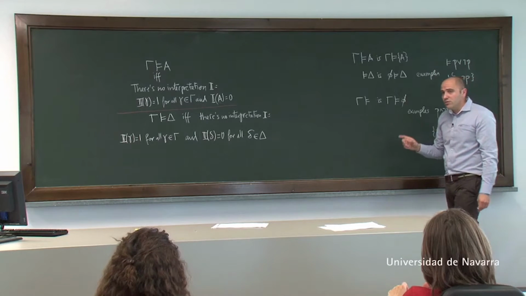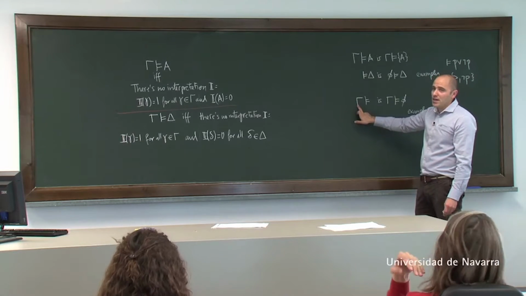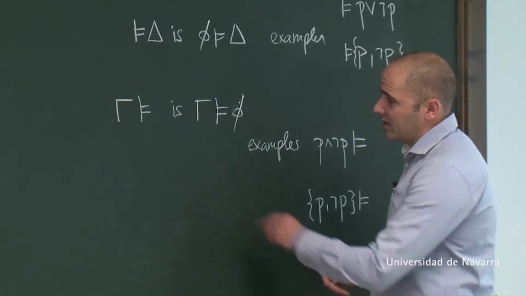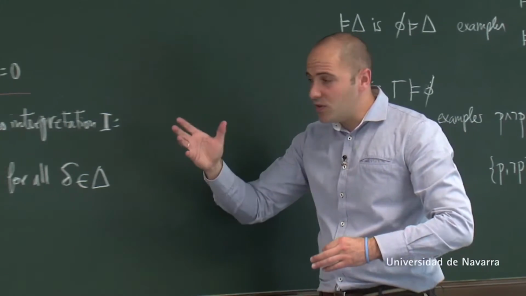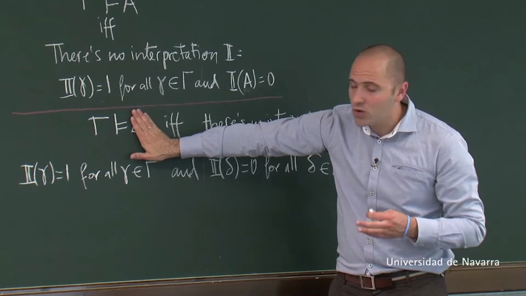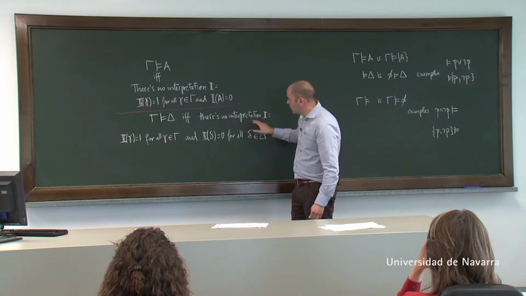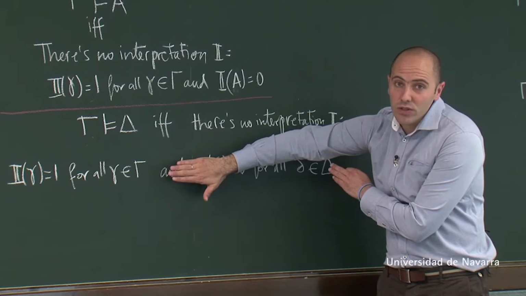And the same goes for the premises. We can say that a set gamma is unsatisfiable when gamma entails the empty set, and this is the dual notion. Suppose now that we've got only premises and no conclusions. This is valid just in case there is no interpretation where all the gammas take value 1.